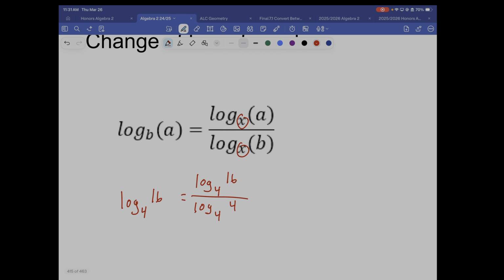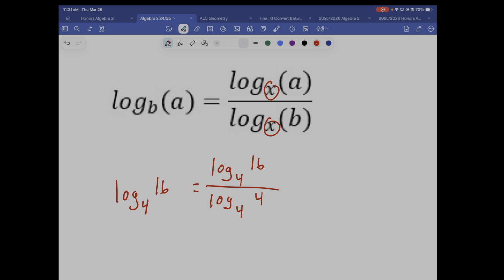You'll notice that what was my a, which was my 16 here, goes in the numerator. What was my base goes down here as my b. That becomes that part of my denominator. And you'll notice that these two things are now the same.